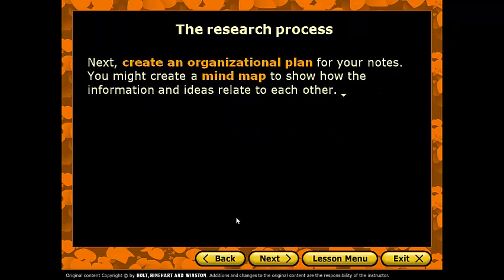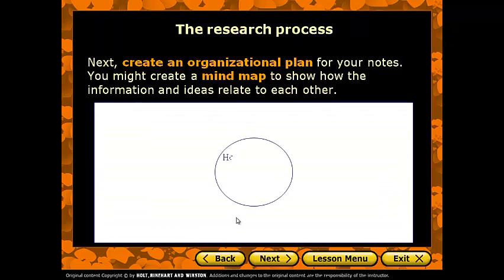So after you create your thesis statement, you're going to plan out, you're going to organize what you want to say. And you're going to organize all your notes into, first, a graphic organizer, such as a mind map. And I know you've done these before, so let's look at this example. The big topic is how stress affects teens' health.